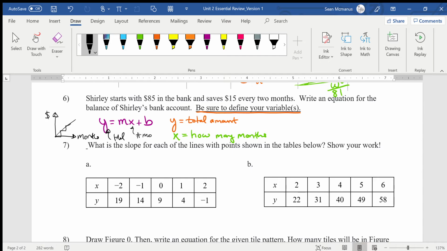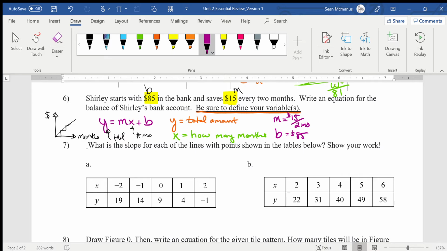So that's important. And then the two pieces of information it gives me, the $85 that she starts with and the $15 every 2 months, those are going to represent the start value, which is the y-intercept, and the rate of change, 15 every 2 months, which is the slope. So y is the total amount, x is how many months. The slope is $15 every 2 months, and the y-intercept is $85.